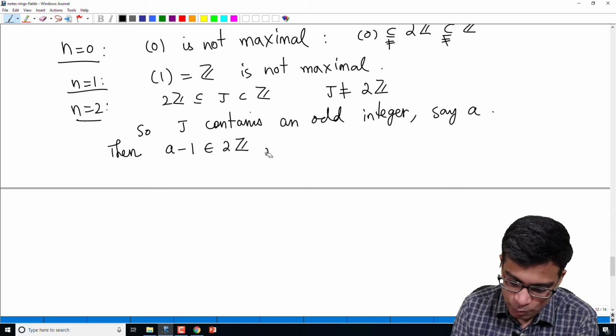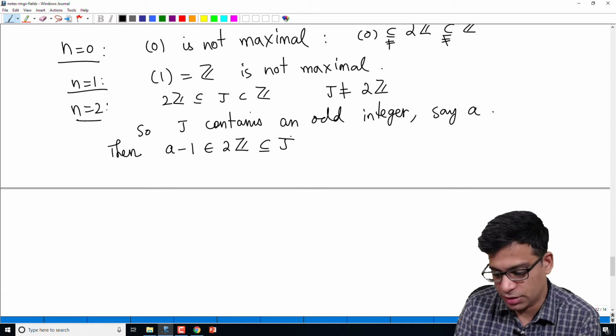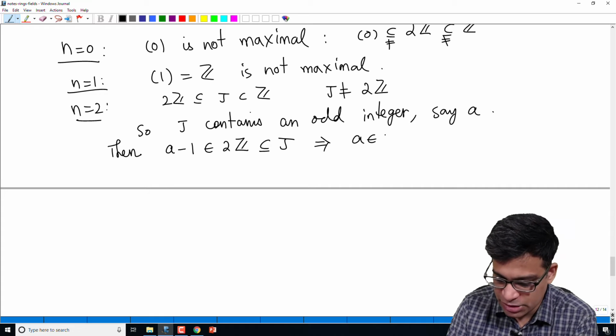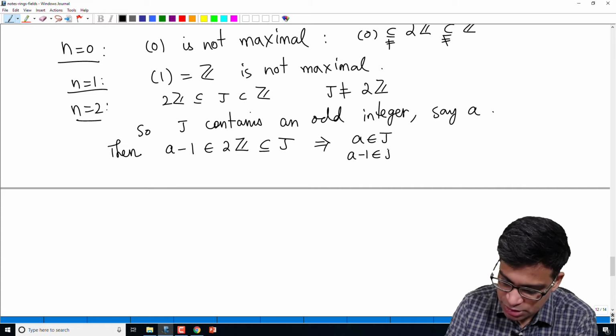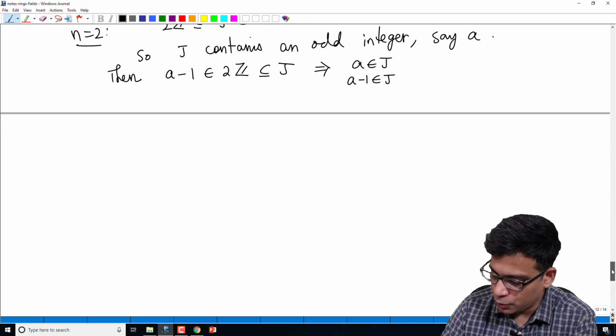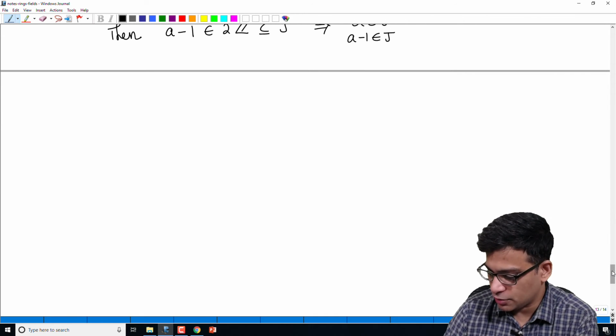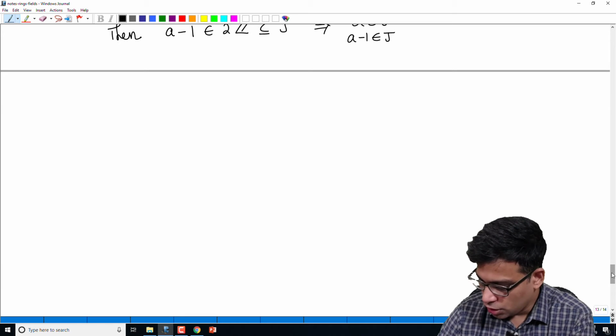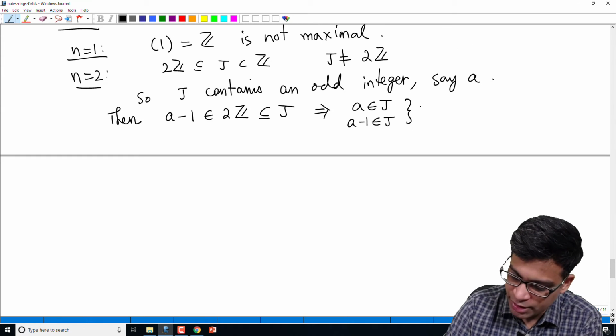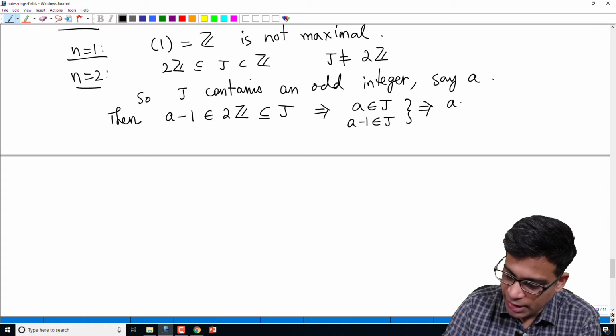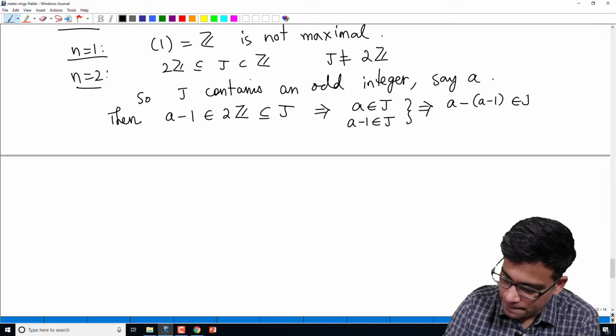Since 2Z is contained in J, a is in J by hypothesis, and a minus 1 is in J because it is an even integer. Now if a minus 1 and a are both in J, then their difference, 1, is in J.